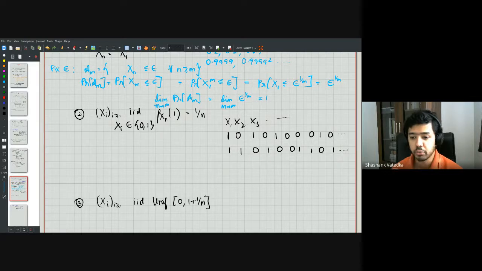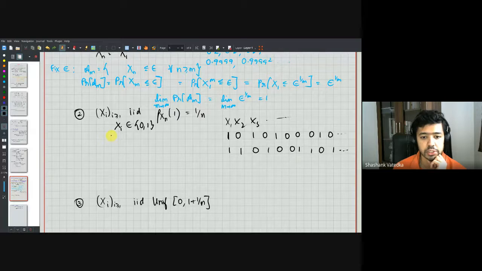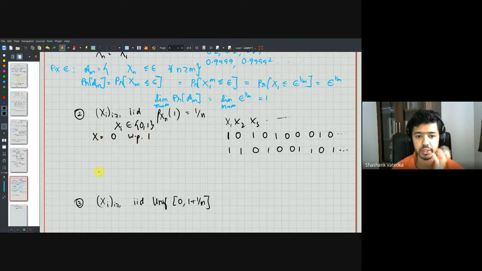Yeah, so we expect to see more zeros, right? Because the probability that xn is equal to 0 becomes more and more likely as you go on. So if this had to converge, we could guess that it would converge to 0. X equal to 0 with probability 1. So this is the random variable that it would converge to if it converged almost surely.